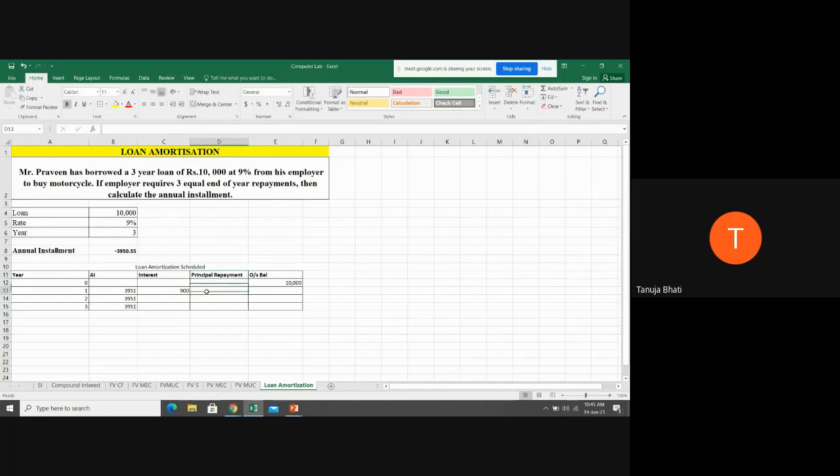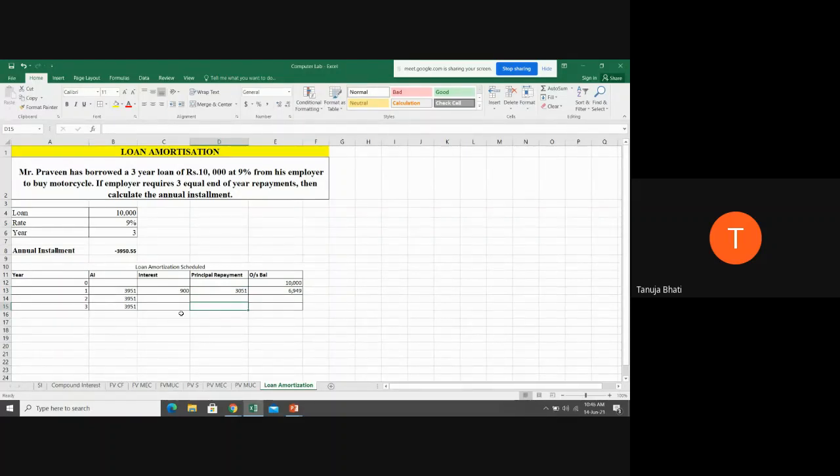I have to just write equals to installment minus interest, that is B13 minus C13. And how do I calculate outstanding balance? It is the outstanding balance of the previous, that is E12 minus D13. Is this clear?